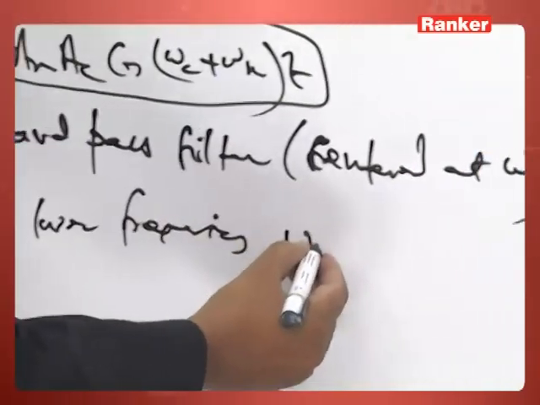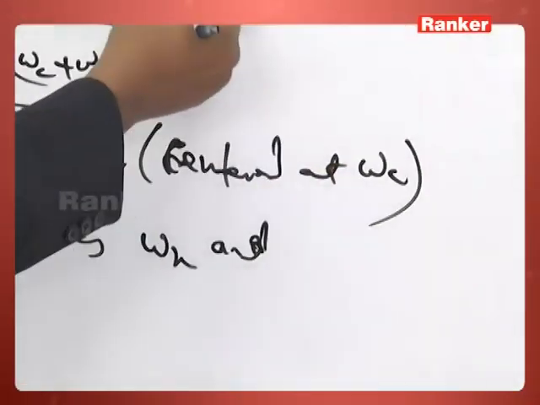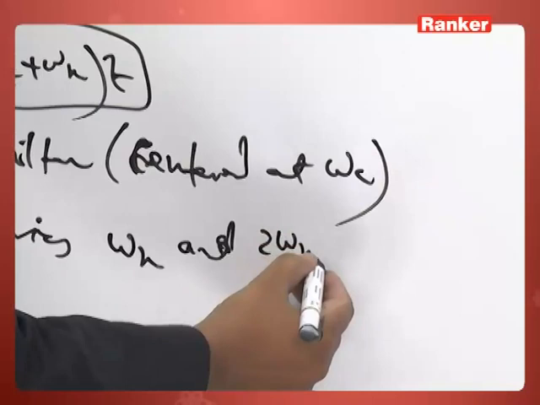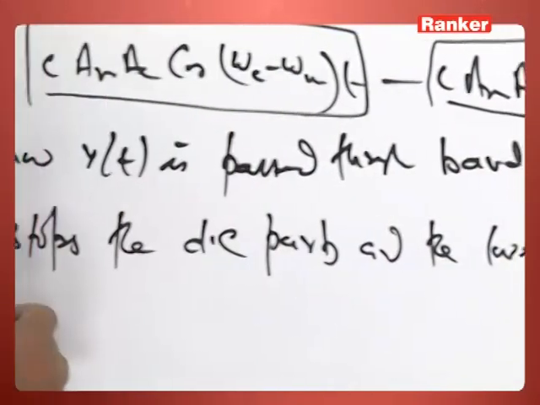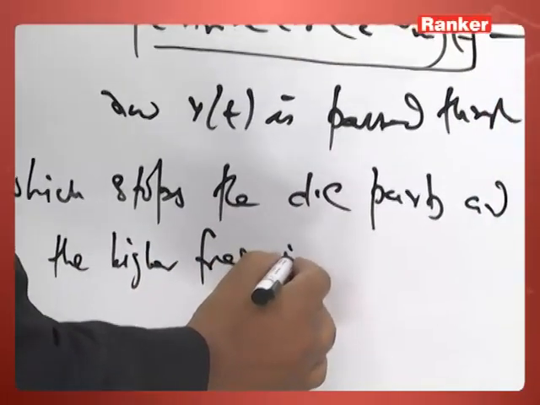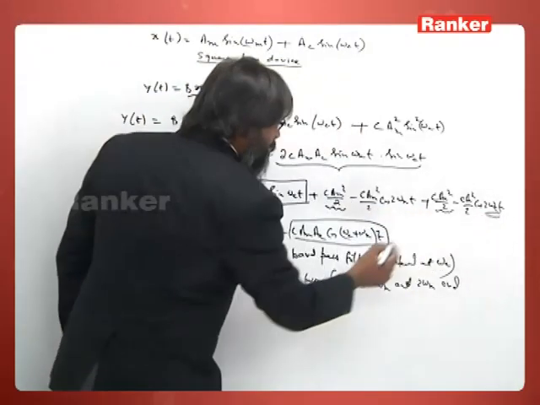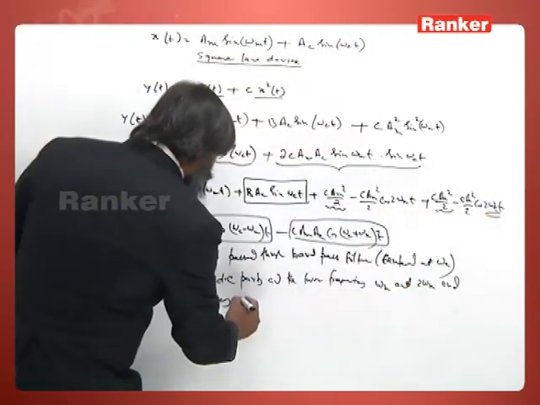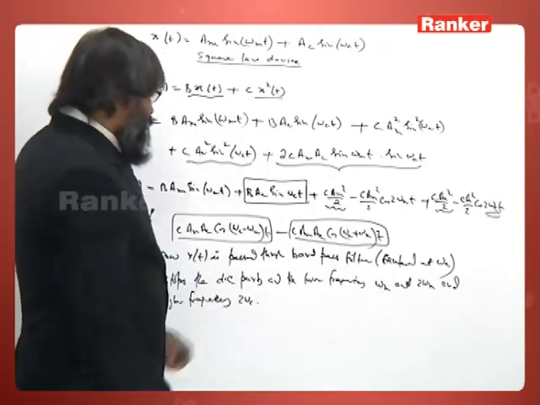Omega M and 2 omega M. And the higher frequencies, this part will also be rejected, 2 omega C. What it will pass?